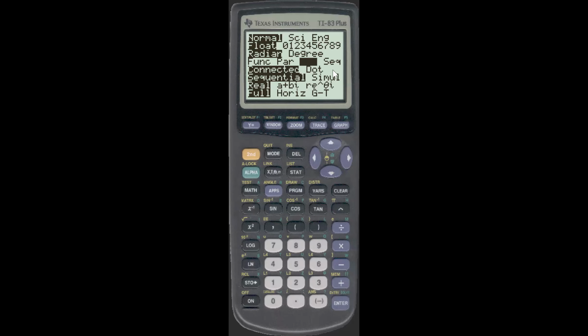Polar, and then sequences is SEQ. You can always reset your memory, second MEM reset, if you don't know how to get back to your original settings. But you'll want to change that back.